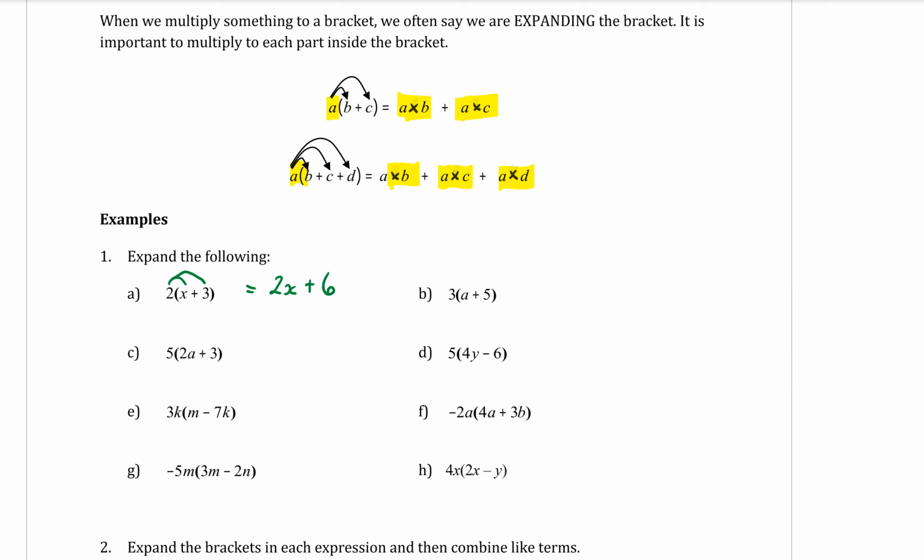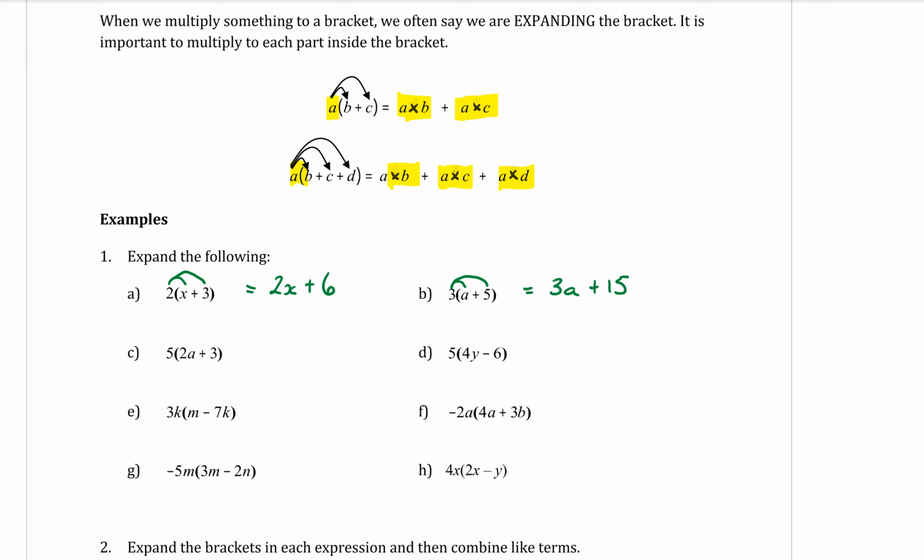Let's practice it again. For B, 3 times A means that 3A is what I'm going to get for that. I have a plus sign again in the bracket. And then the second one, 3 times 5 is 15. Now, can I add those?